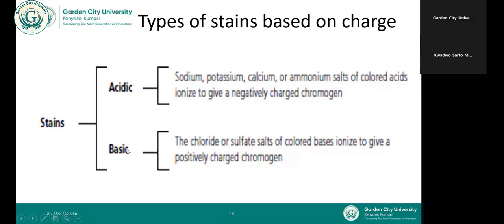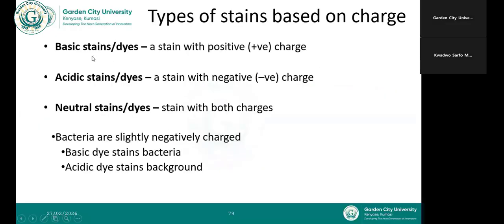For stains that have the chromogen portion being positively charged, they contain the chloride or the sulfate salts. So based on charge, basic, acidic, or neutral. Neutral is when you have those two combined. So a stain with a positive charge coming from the auxochrome is a basic stain or basic dye. A stain with a negative charge is an acidic stain or acidic dye.